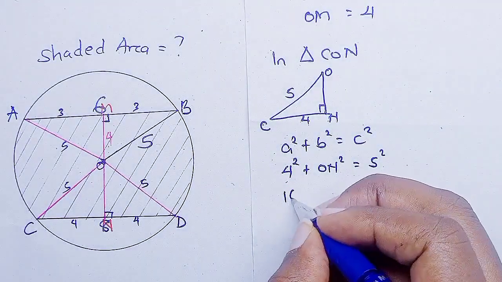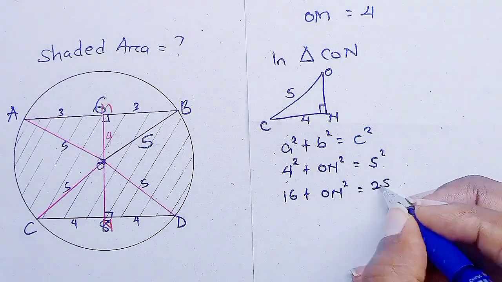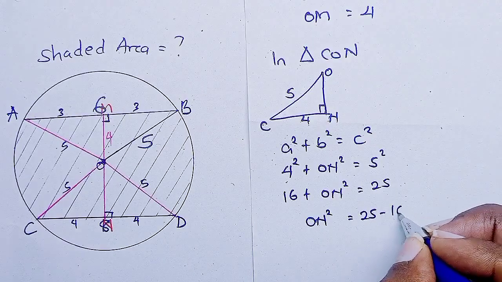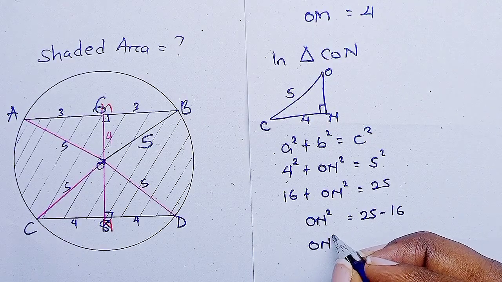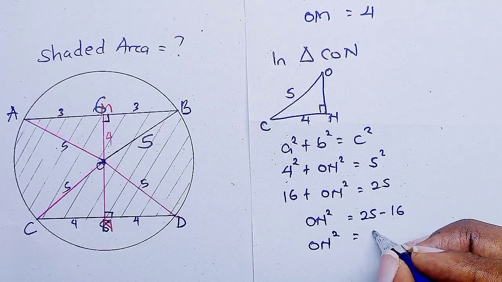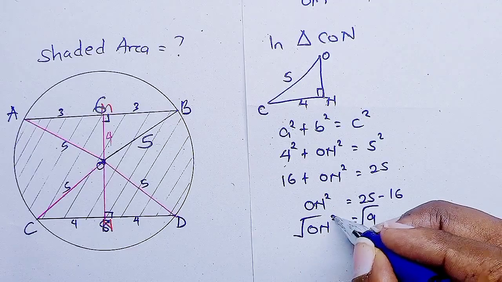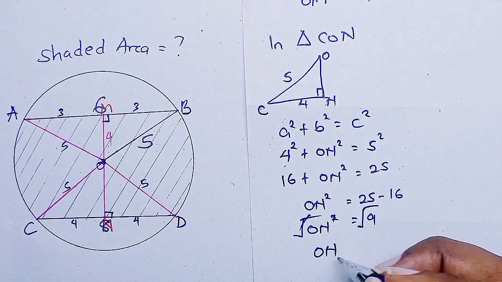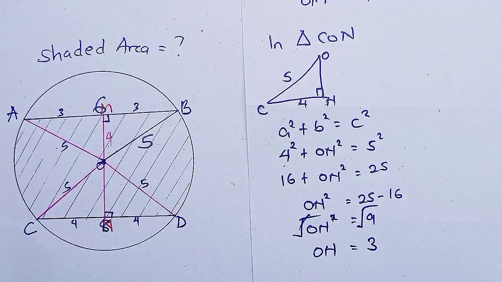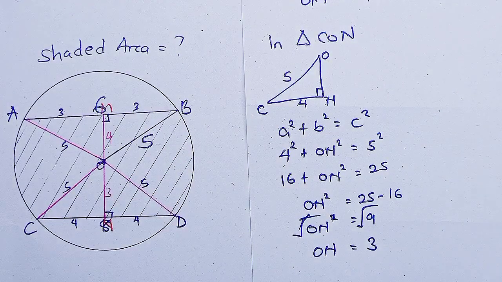And therefore 4 squared is 16 plus ON squared is equal to 5 squared, which is 25. So ON squared is equal to 25 minus 16, which is 9. So when we find the square root on both sides, this cancels with the square root. Therefore, ON is equal to 3. So this here is 3.